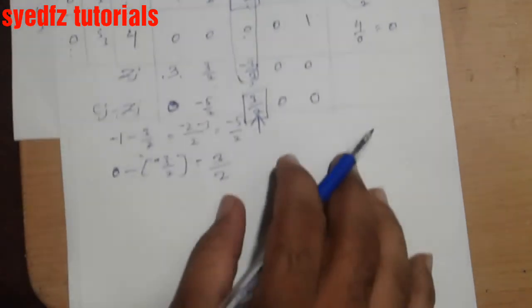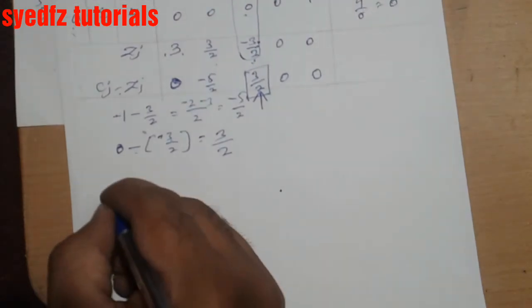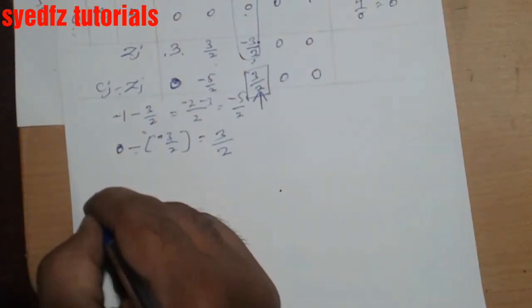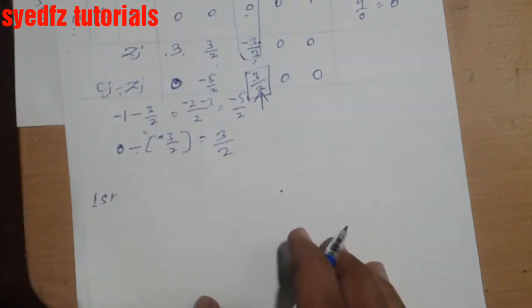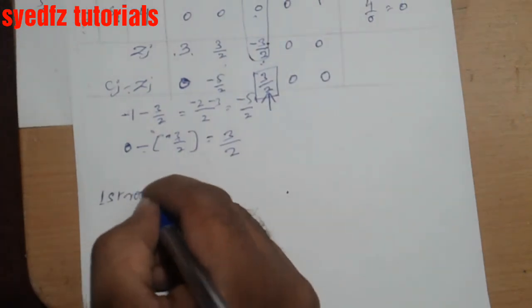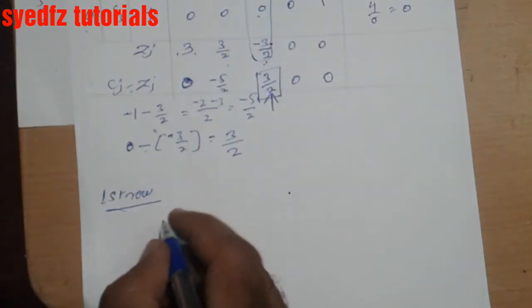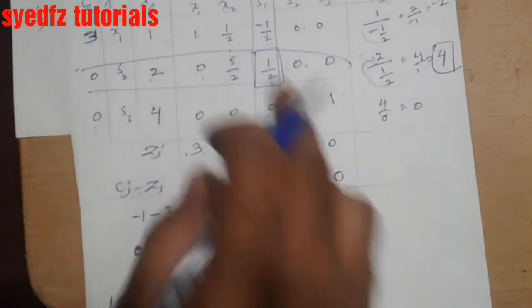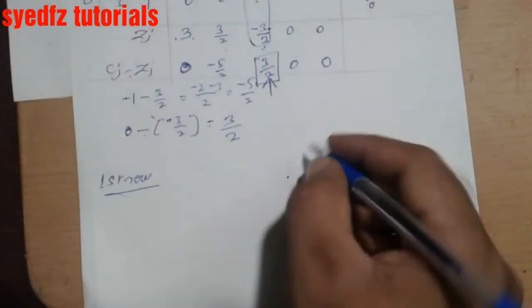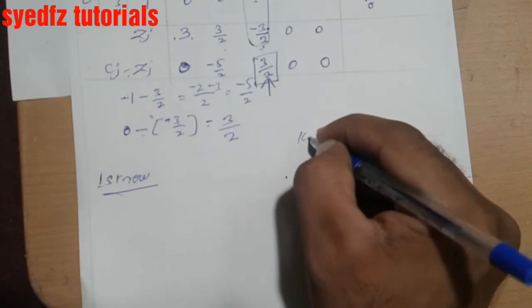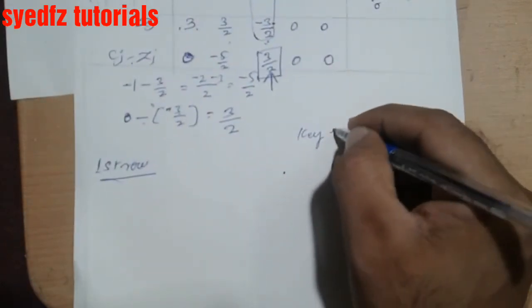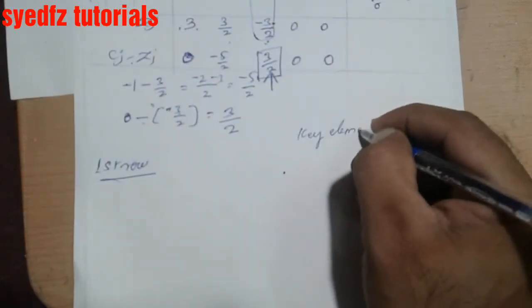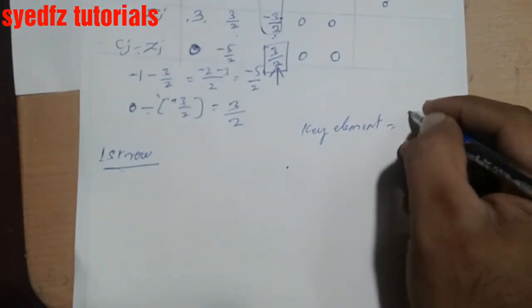Now divide here. First row for the next table: 2, 0, 5 by 2. Key element is 1 divided by 2.